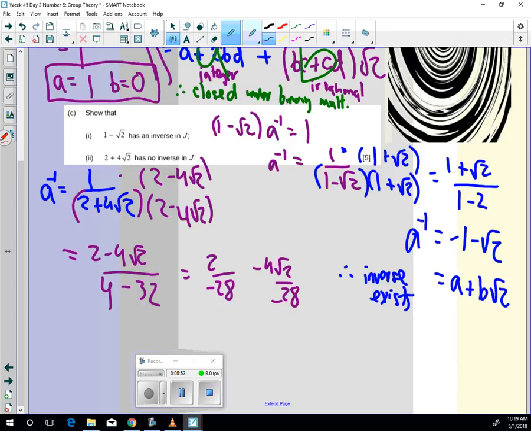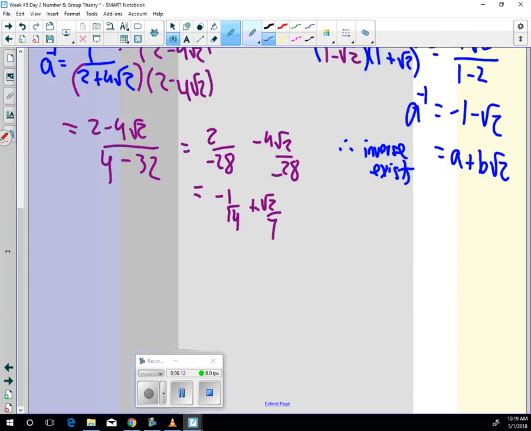And what do you think, Gavin? By the way, good video today. Negative 1 over 14 plus square root of 2 over 7. Why is this not an inverse? They're not integers.